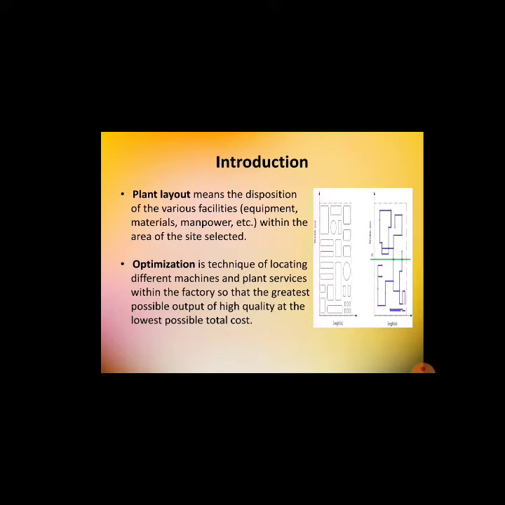After several years of production, they realized that if they decreased the distance between equipment, or the actual site area covered, or changed the place of the machines, the production would increase and the production time would decrease. So optimization is done to get output of high quality at the lowest possible cost.